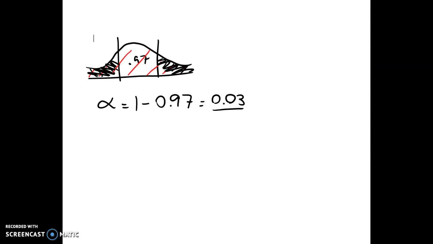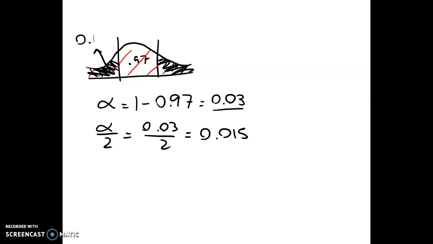All I need is the area in just one of those tails, so I'm going to do alpha over 2. So 0.03 divided by 2, and that's going to give me 0.015. Okay, so I have an area over here of 0.015 and over here of 0.015.